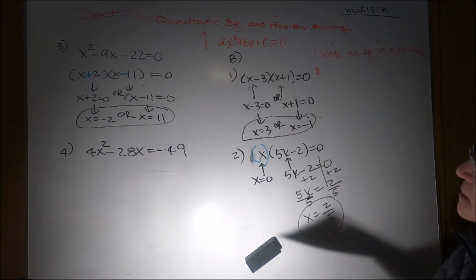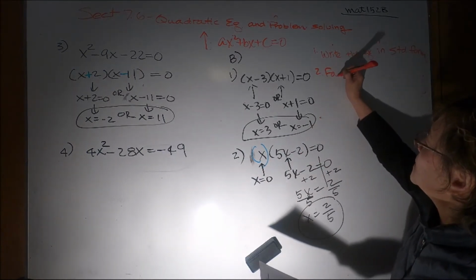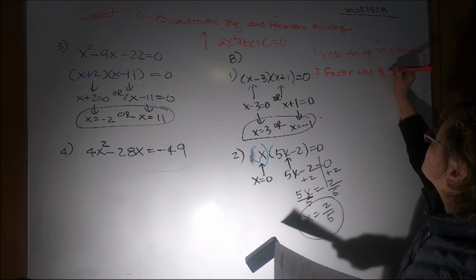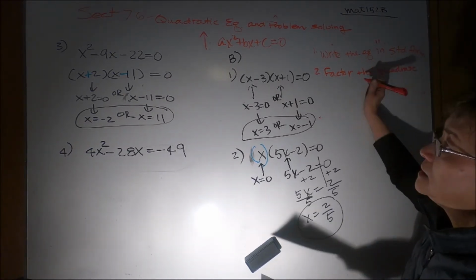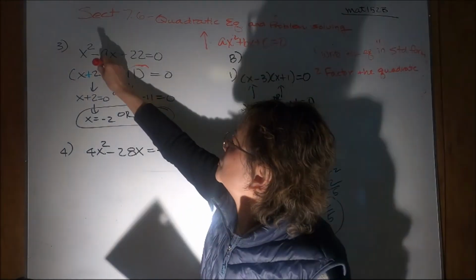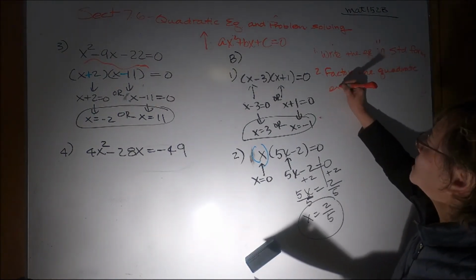Then what do you do? You break it down to the smaller units. So you will factor this quadratic expression. All right, not factoring the quadratic equation, only this portion. That is what we call a quadratic expression.